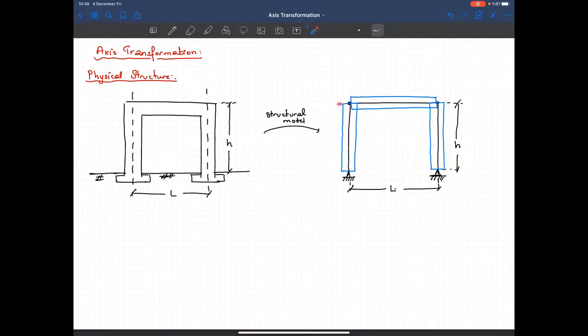Now we say that the stiffness coefficients that we derive are defined with respect to the neutral axis. Now the question is, this is still my beam element, but what will happen if I move the neutral axis by some distance in the downward direction? How would the stiffness coefficients of this new element change?